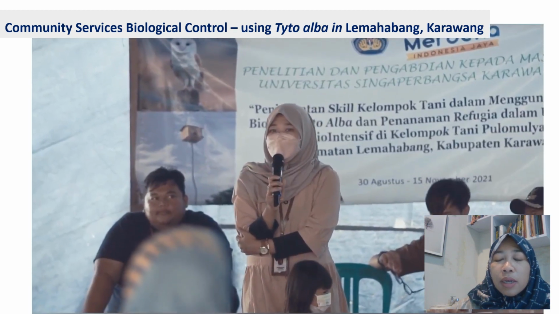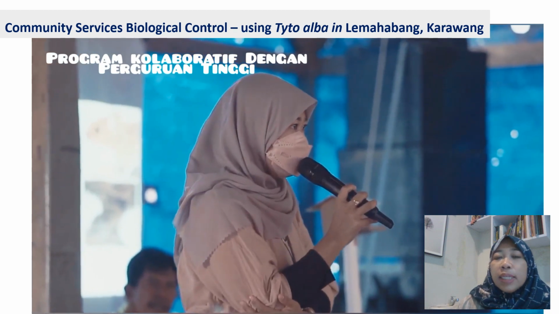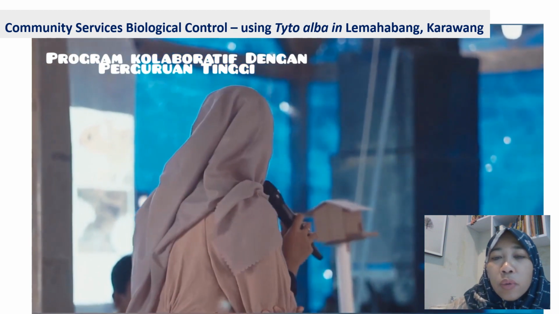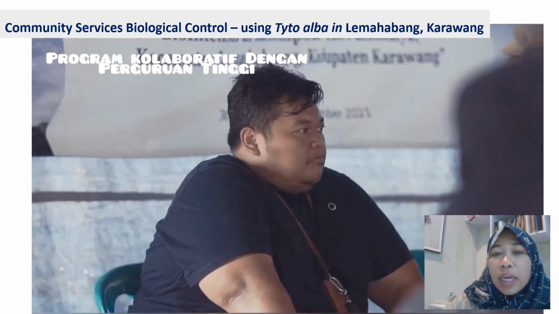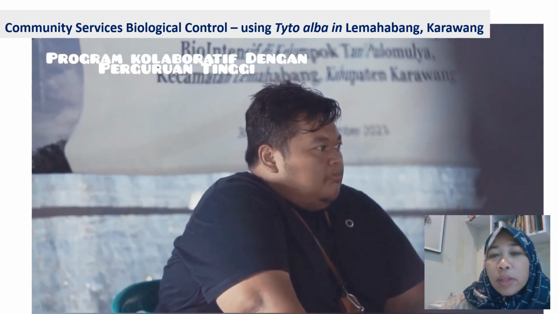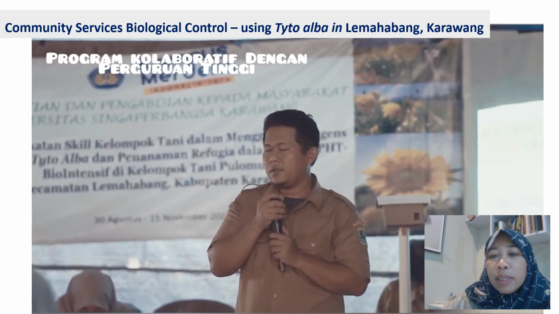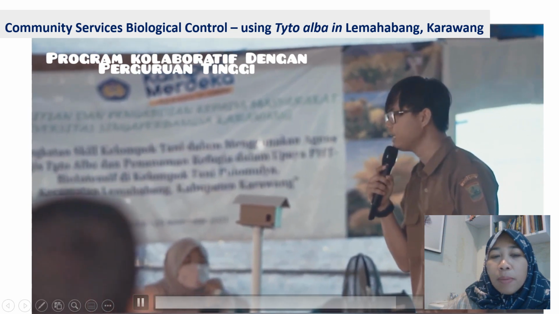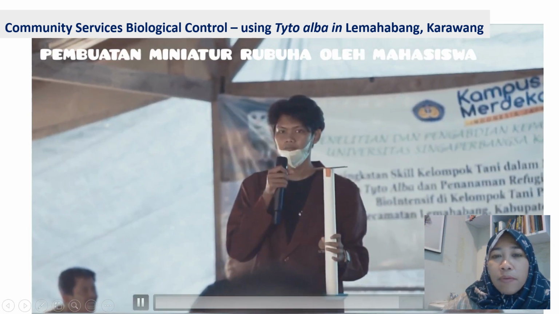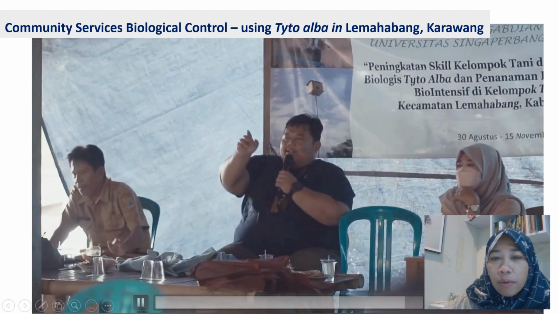And we are also planting refugia to conserve the biological agent. So the biological agents like predators and parasitoids could come, and I planted sunflower and other plants that have attractive colors of flower.